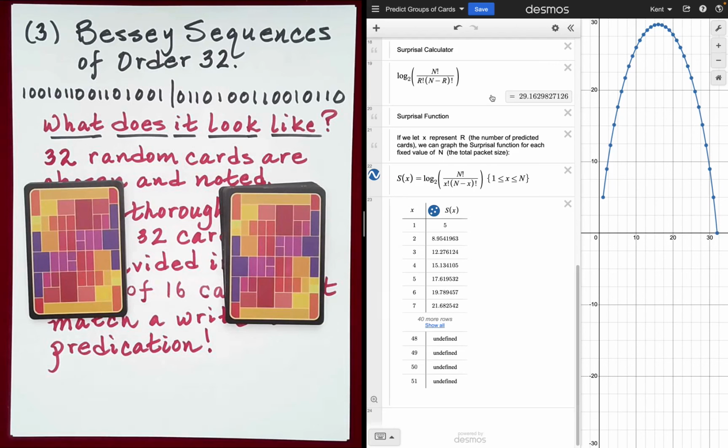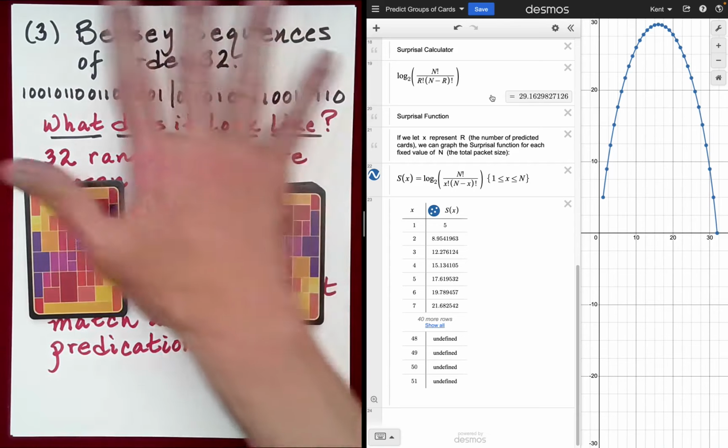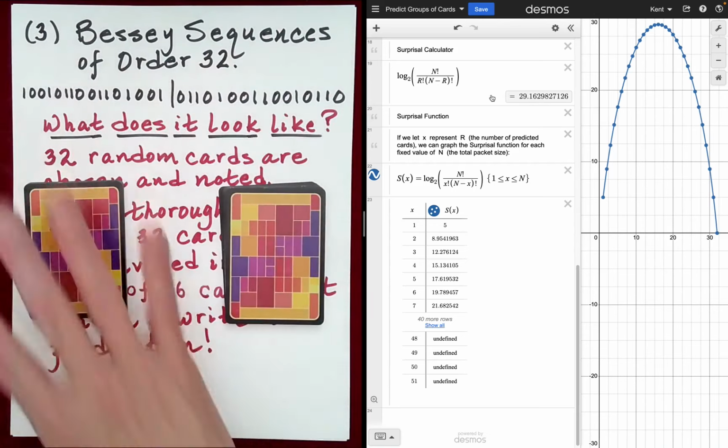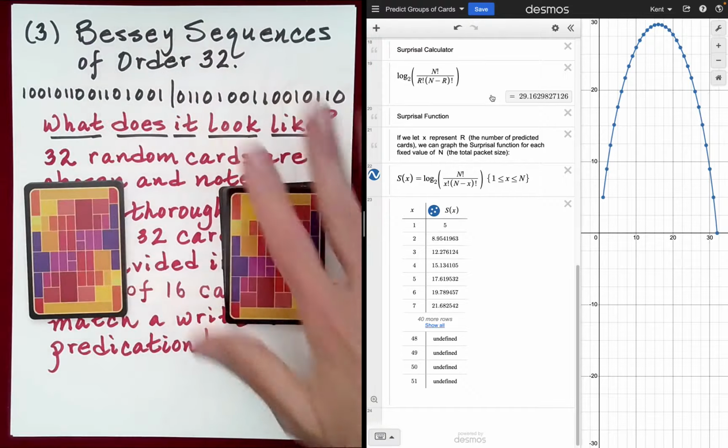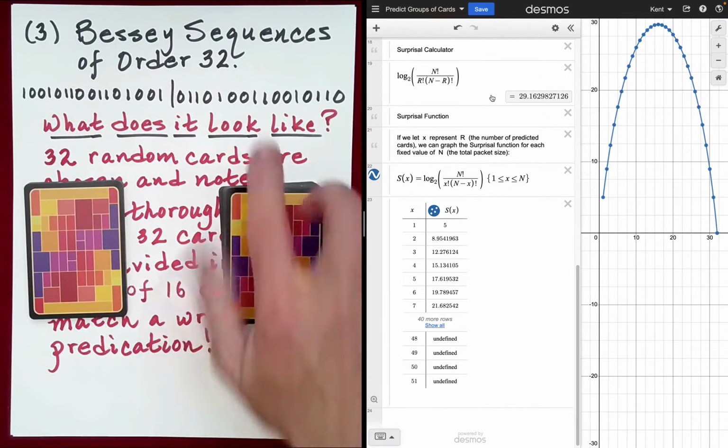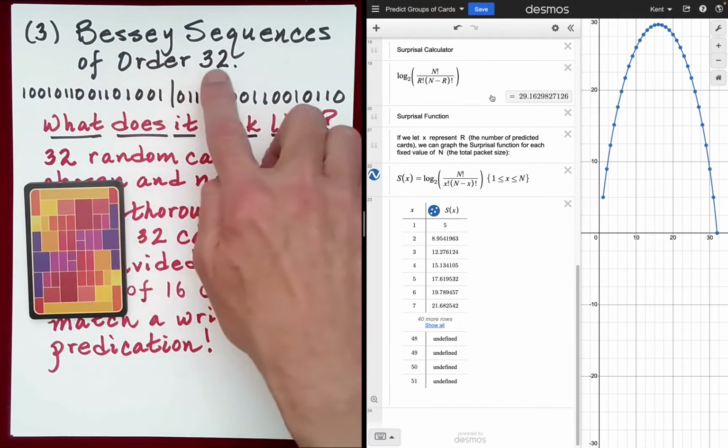And they do. Each and every one of those 29 coins lands heads up. So that's the level of surprise one would experience in witnessing this performance here, or other ones that I've shown on my channel dealing with Bessey sequences of order 32.